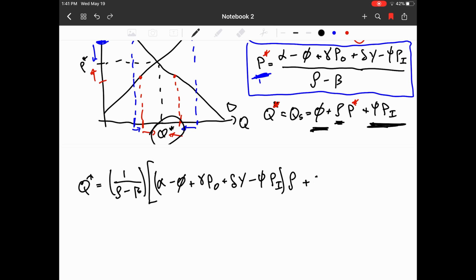So we have phi times rho minus beta plus phi times rho minus beta. Okay, so this is a wild mess, and we can go through and simplify this.